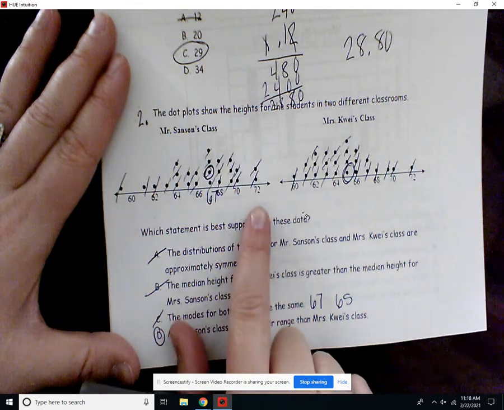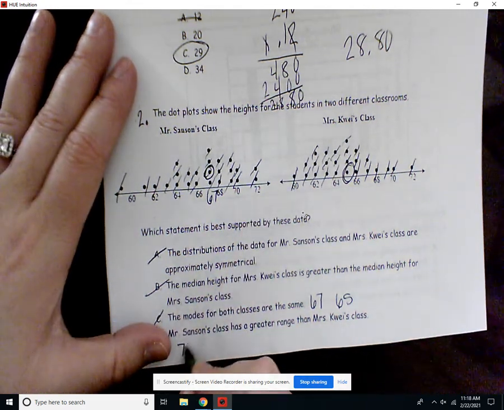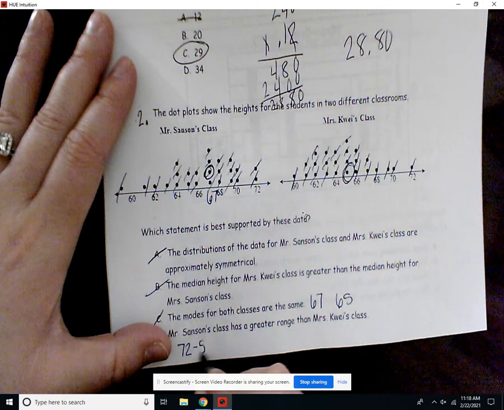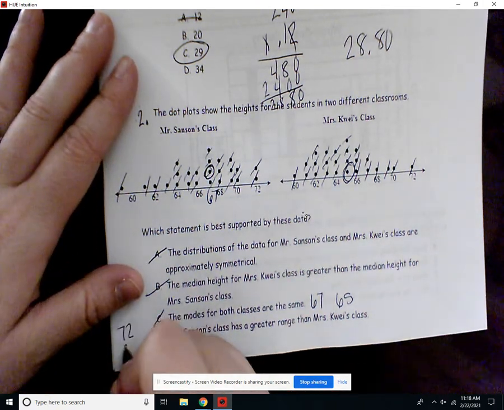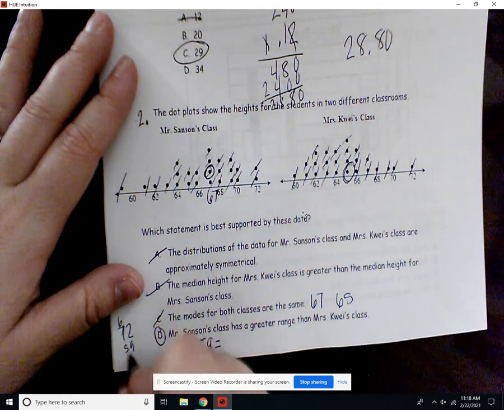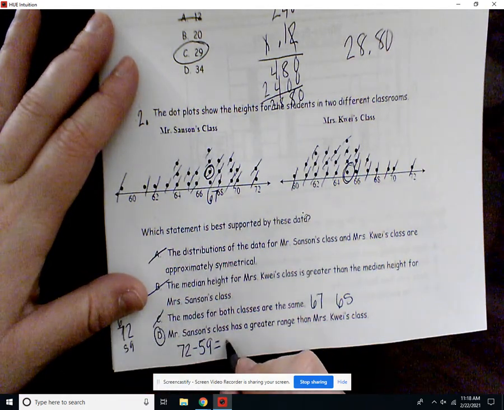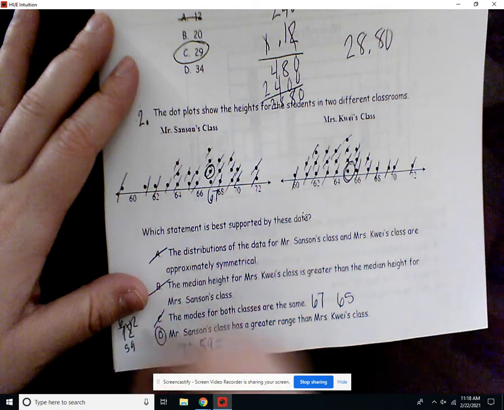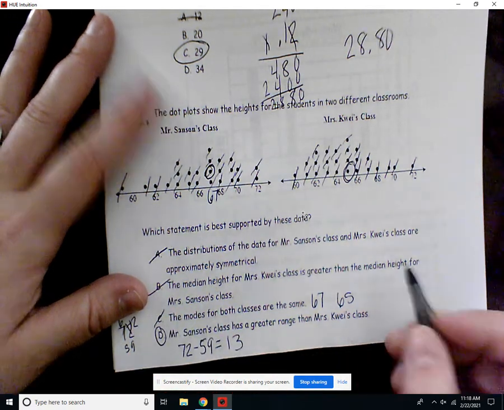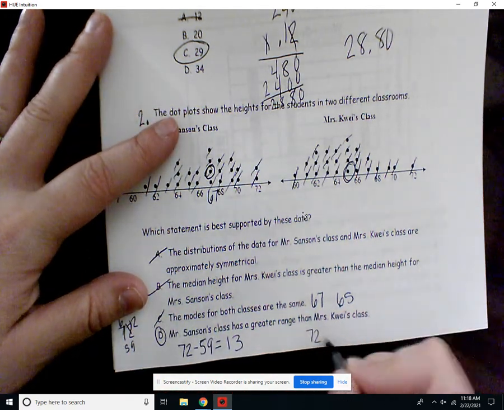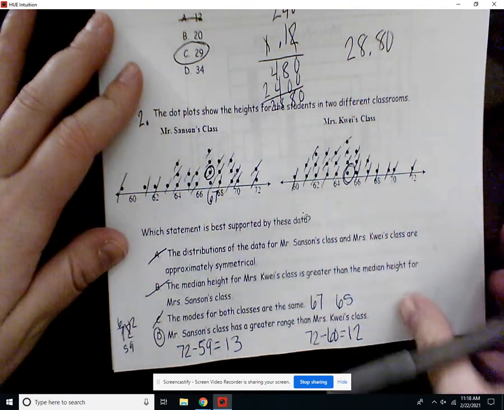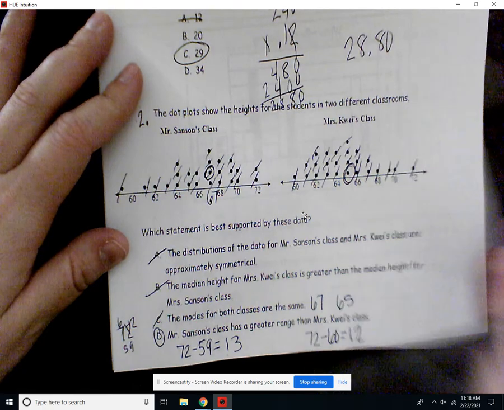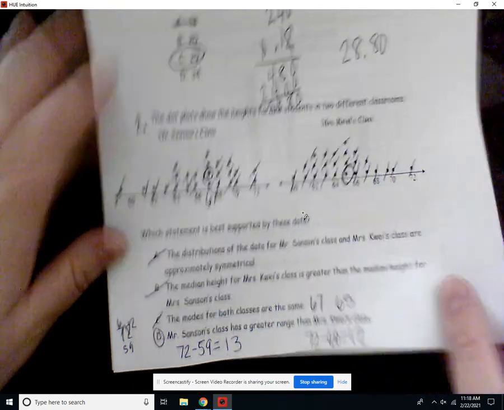For Mr. Stanson it's 72 minus 59, which is 13, and Mrs. Kiwi's is 72 minus 60, which is 12. His is bigger than hers, so it's D.